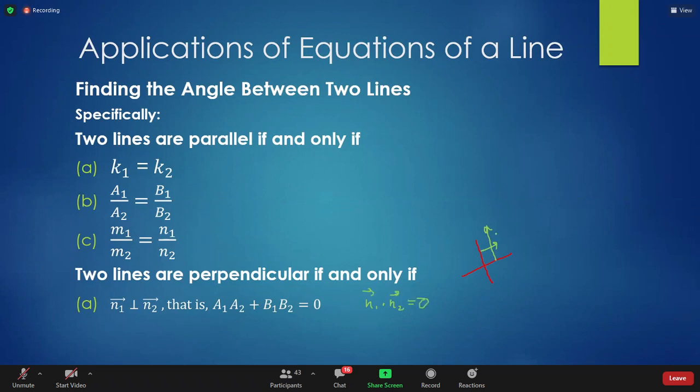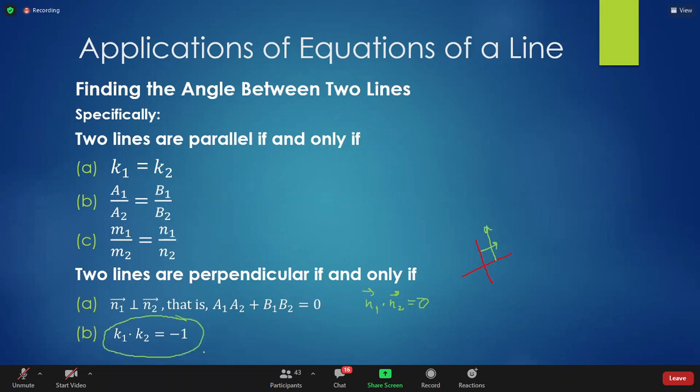The second option, the same goes for the direction vectors, but in fact, the more important part is that the product of slopes must be -1. Now, this is interesting. The product of two slopes must be equal to -1. Only in that case, the two lines will be perpendicular. In other words, if you have one slope, you can find the slope of the perpendicular line.